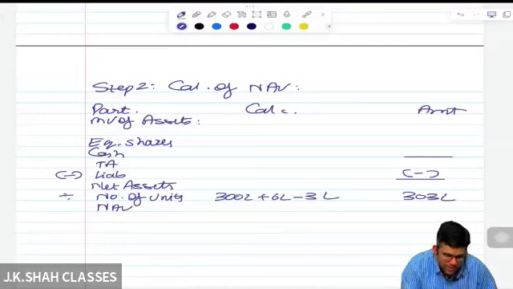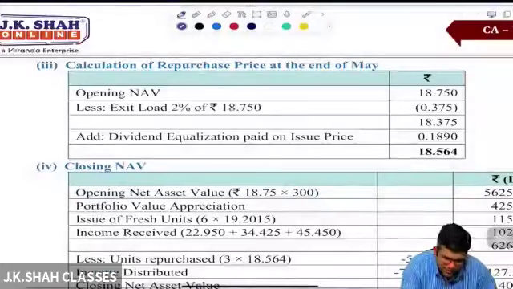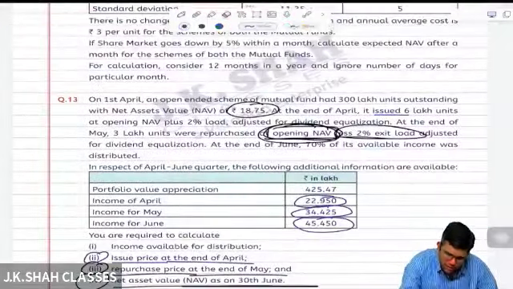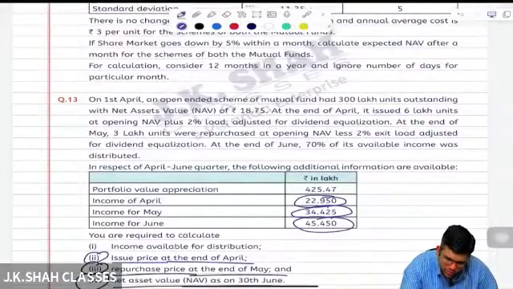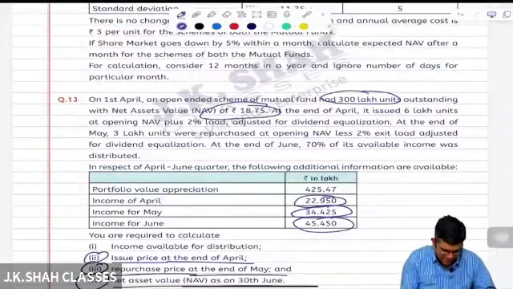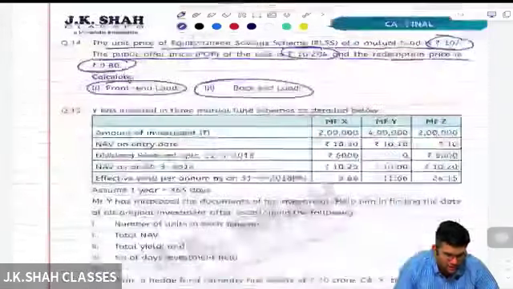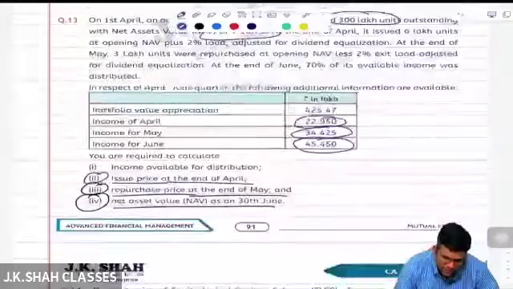Everyone clear? Now, equity shares. As far as equity shares are concerned, the mutual fund issued 300 lakh units at 18.75. 300 into 18.75 is 5,625. Everyone clear? 5,625.